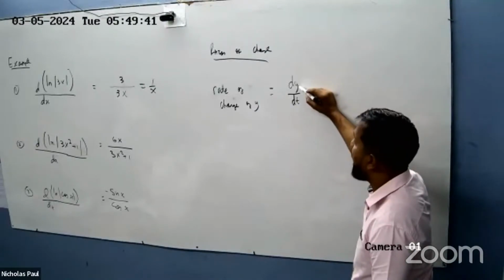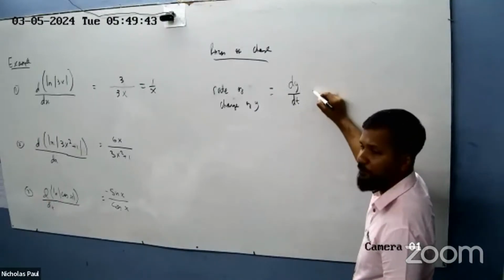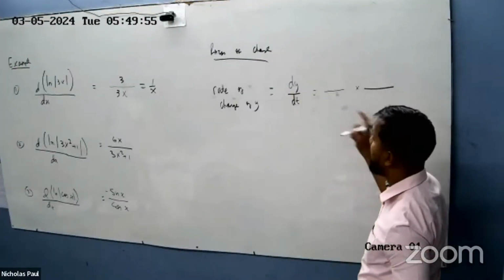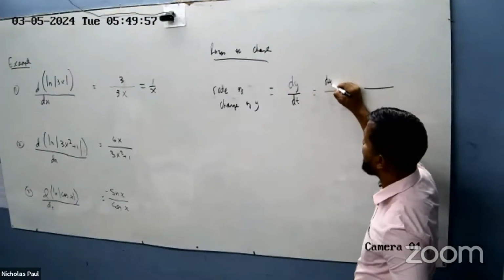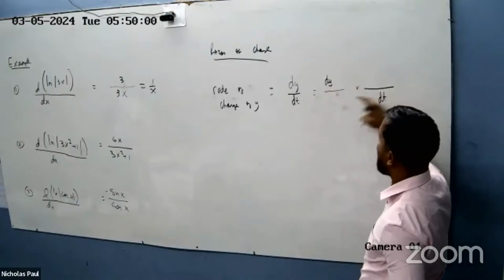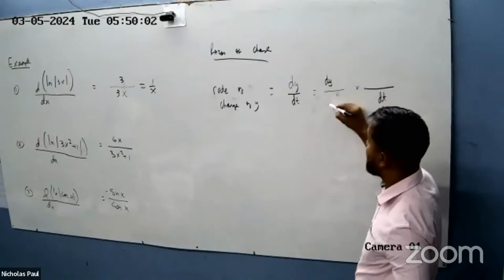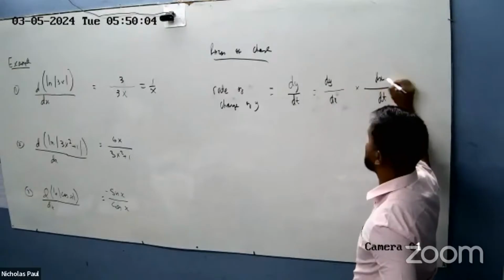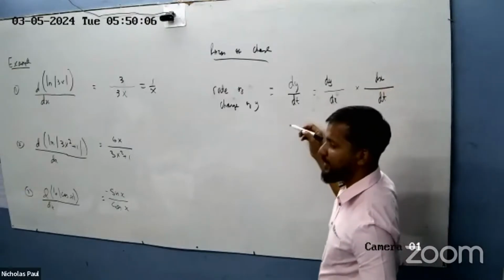You want to see how y changes with respect to t. But how do you find these things? You use the chain rule. So one side is dy, the next side is dt, and the variable goes here. Same thing if you have dp/dt, and so on.